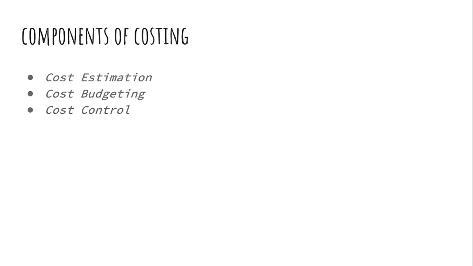So what are the three basic components of costing? In this video we're going to look at the three basic components of costing, that is cost estimation, cost budgeting, and cost control. Cost estimation involves breaking down the overall project into small manageable units or activities.